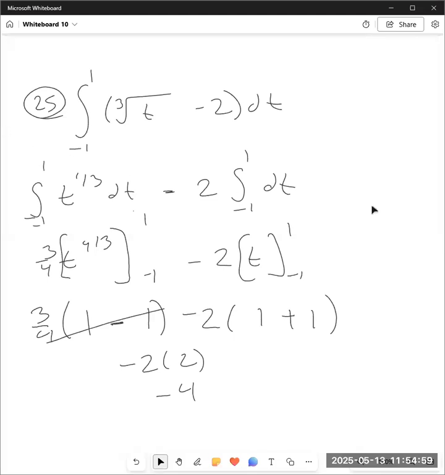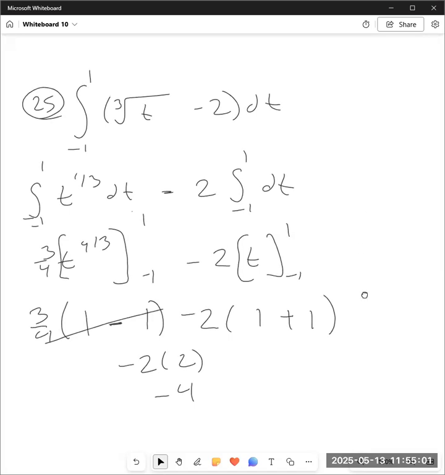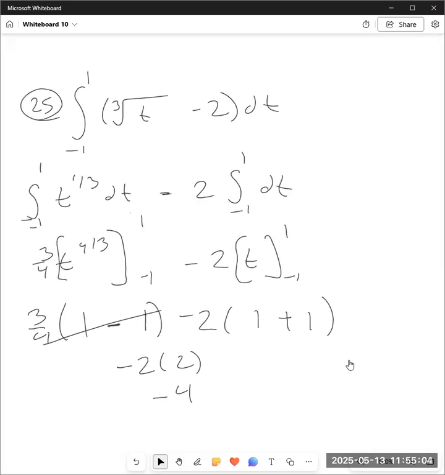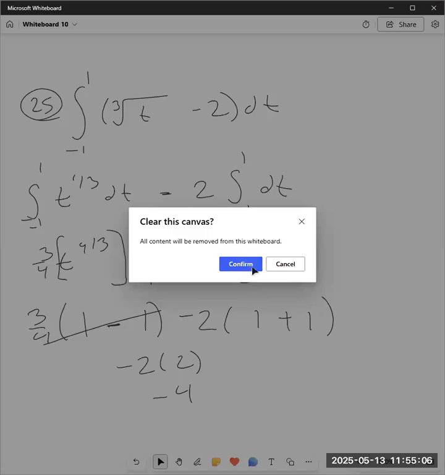Let's look at number 27 now. 27 says the integral from -1 to 0 of t to the 1/3 minus t to the 2/3 dt. We'll split those up.